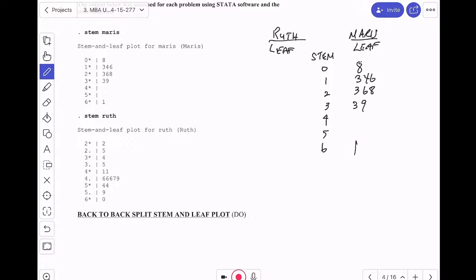So that's the stem and leaf sketch for Maris. Now going the other way for Ruth, just have to be careful that the values need to go to the left. So it means that the number line will run backwards.